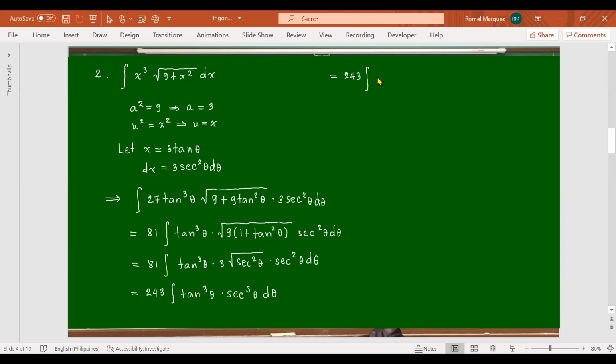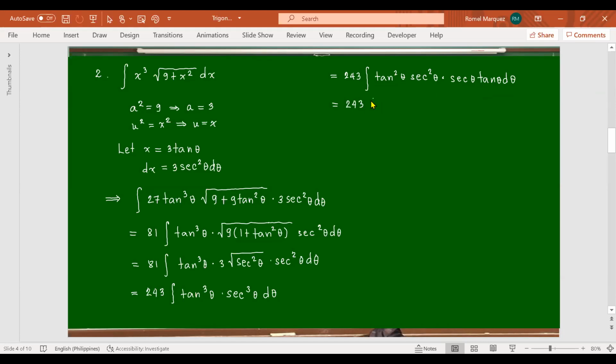So this is now tangent squared theta times secant squared theta, and this is what we segregated, one linear secant and one linear tangent, which will serve later as the differential of the secant function. No? So it means we have to express this in terms of secant, this tangent squared. This is case 5 in our technique called integration by trigonometric substitution.